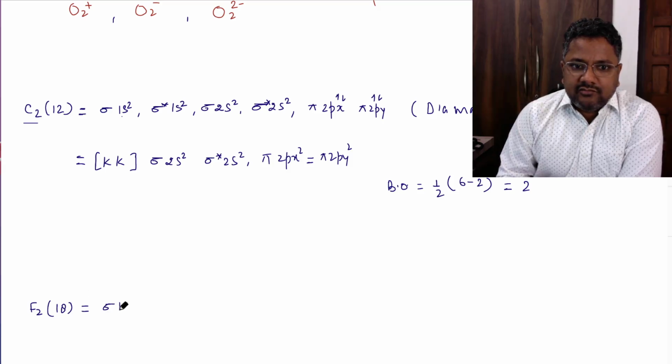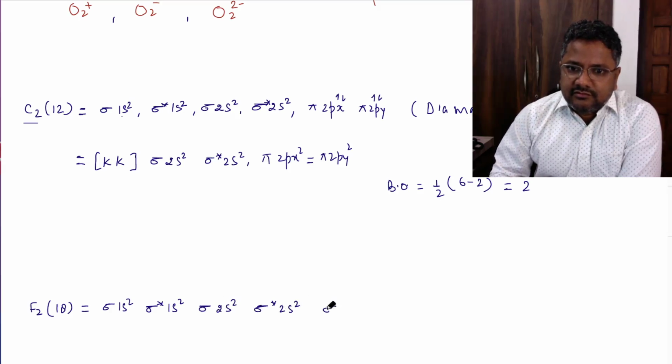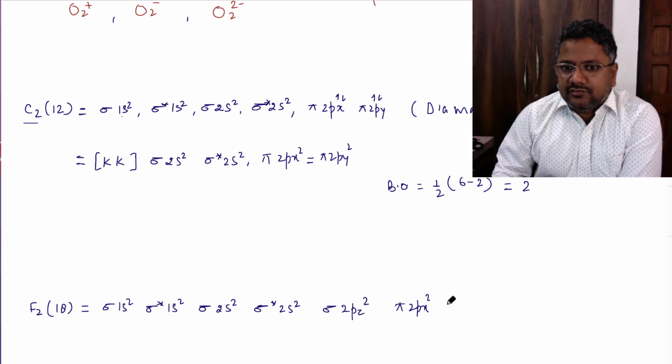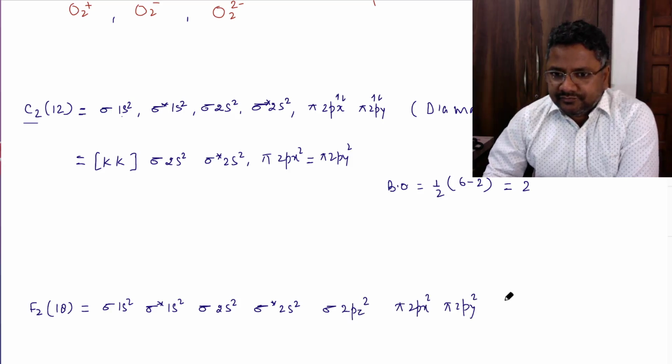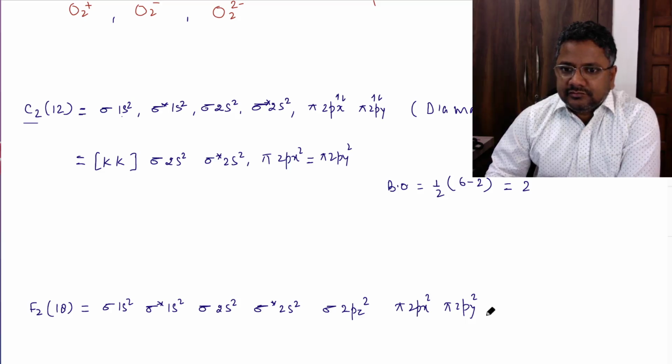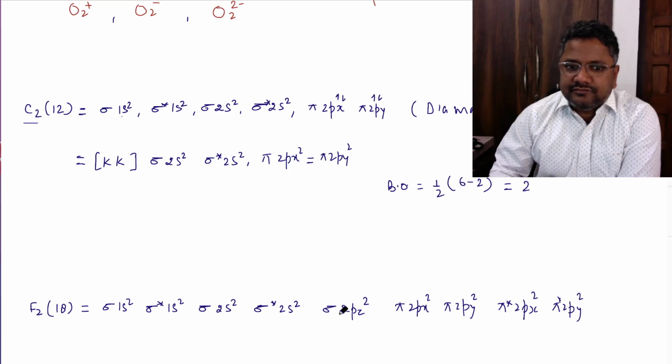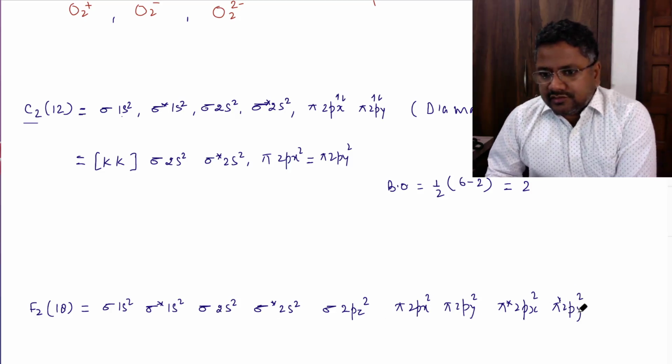So we can write sigma 1s2, sigma star 1s2, sigma 2s2, and sigma star 2s2, sigma 2pz2, pi 2px2, pi 2py2, and pi star 2px2, pi star 2py2. 1, 2, 3, 4, 5, 6, 7, 8, 9, total 18 electrons distributed, right?